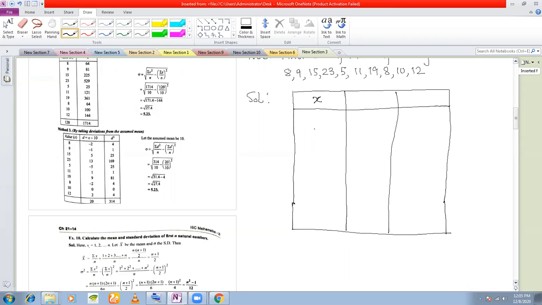The data that is given to you. And when you're writing X, remember that you will write X in the ascending order. Okay, so you write X in the ascending order. Which one is the lowest? Devanjan, help me arrange this data in ascending order.